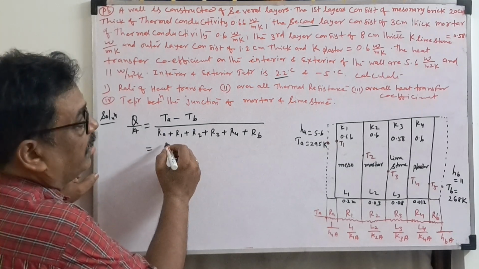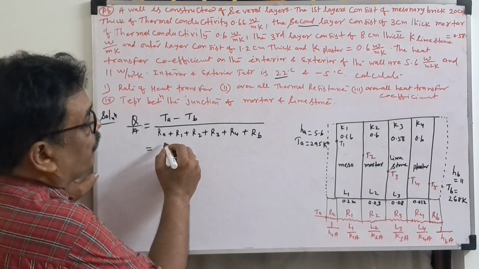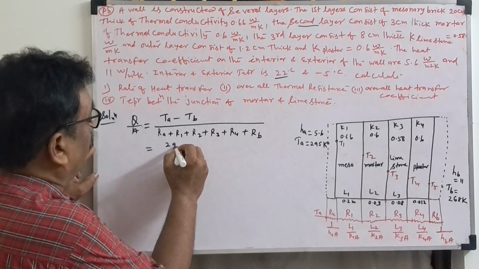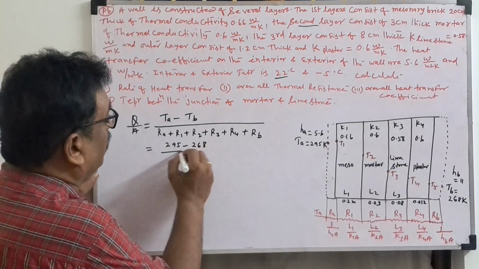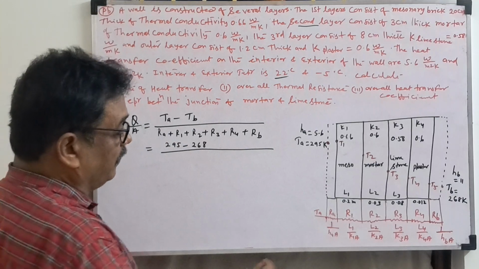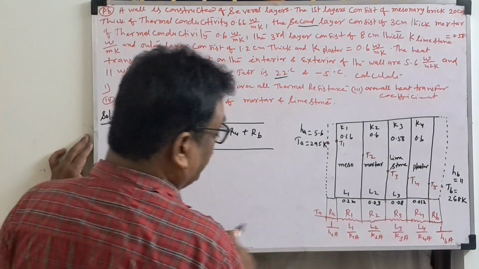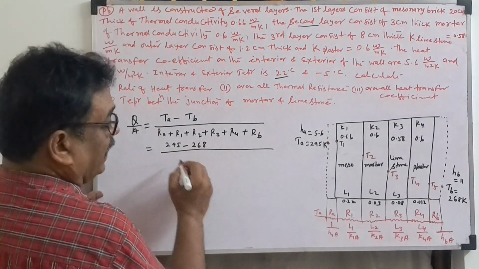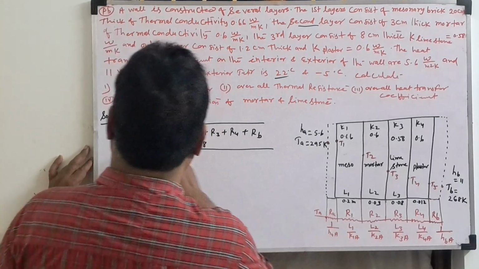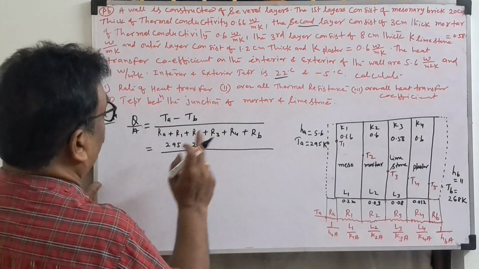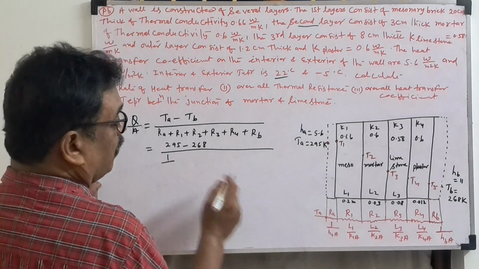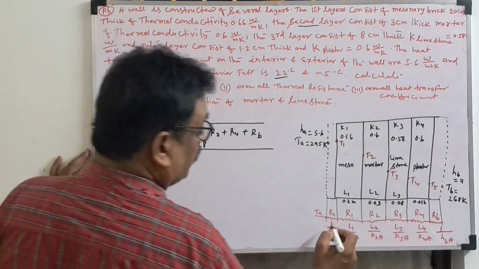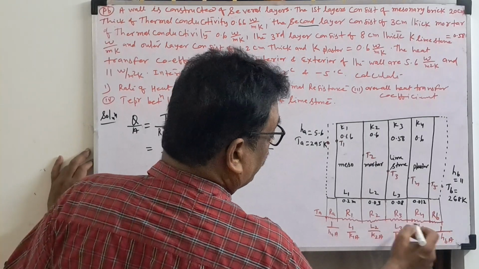What is this? TA and TB: 295 minus 268, divided by, what is RA? RA is nothing but 1 by HA, because A is already taken, because heat flow rate, so A will not come here. What will come? 1 by HA. We'll write the values directly now. RA, R1, R2, R3, R4, everything you know.